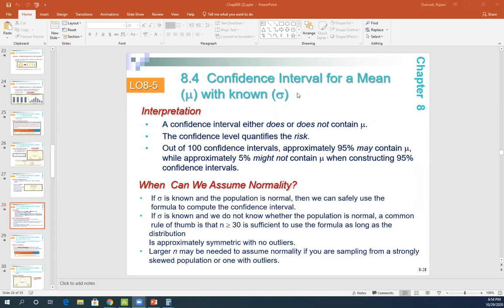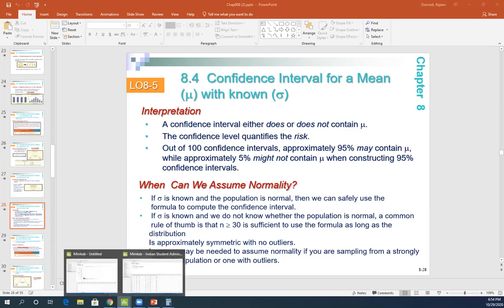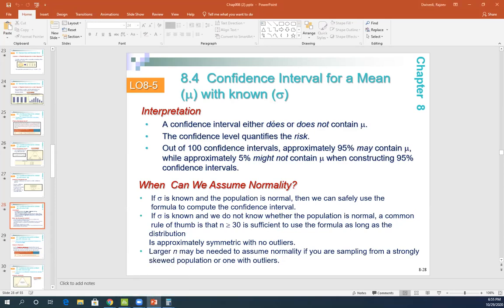Now there are three cases. One is the confidence interval for the mean when sigma is known. Mu with sigma known comes under the Z test, and in that case a confidence interval either does or does not contain mu. Like I said, 90% contains, 10% chance does not contain.